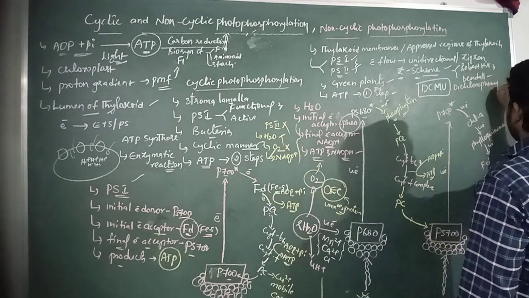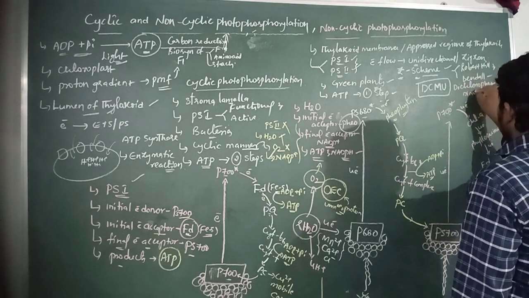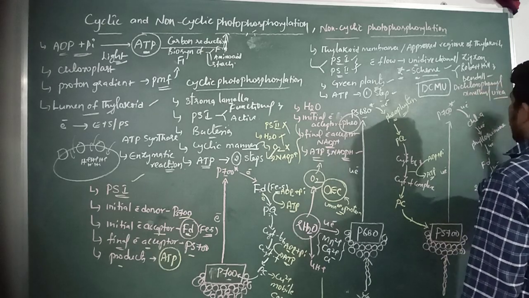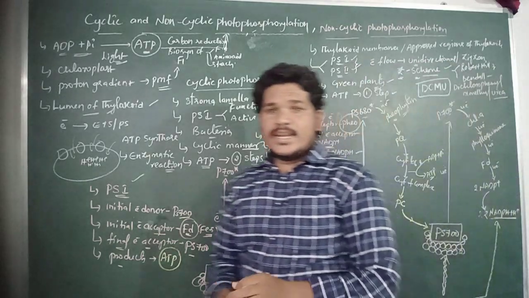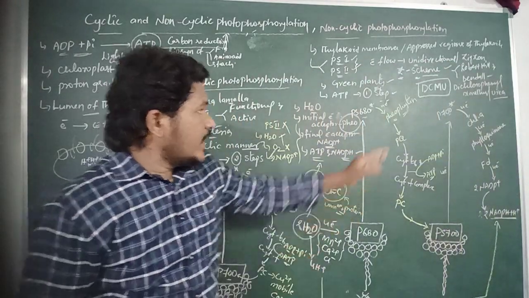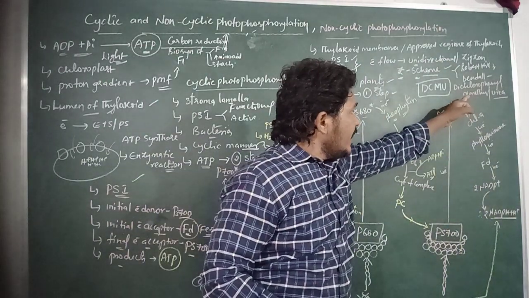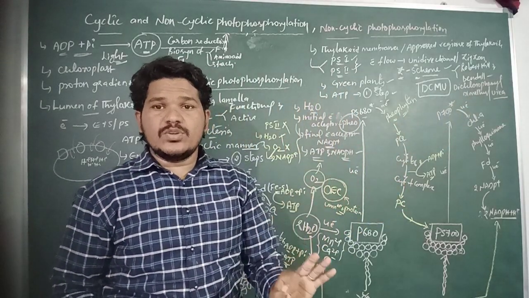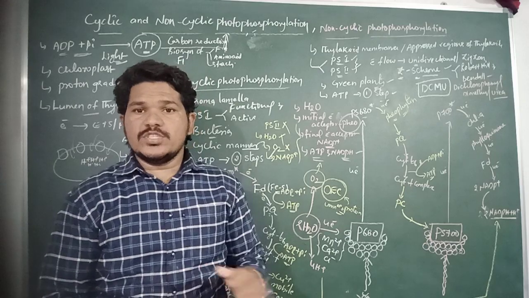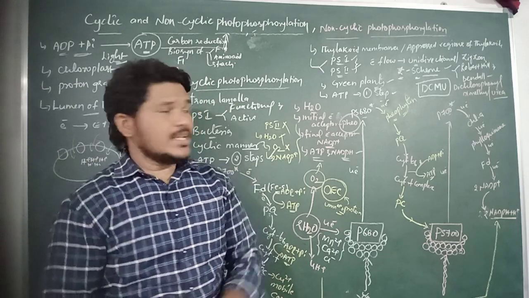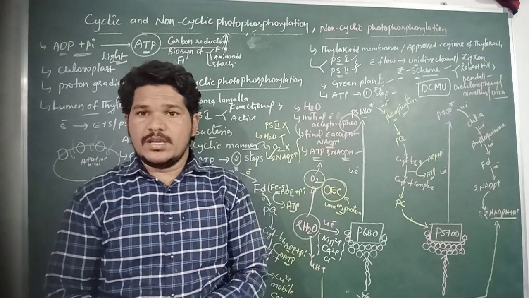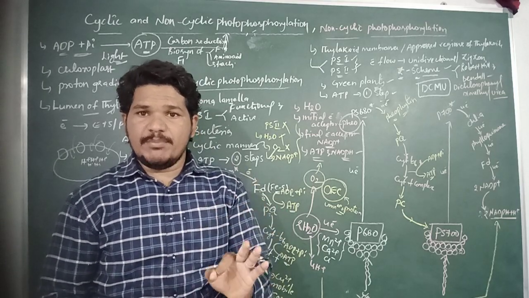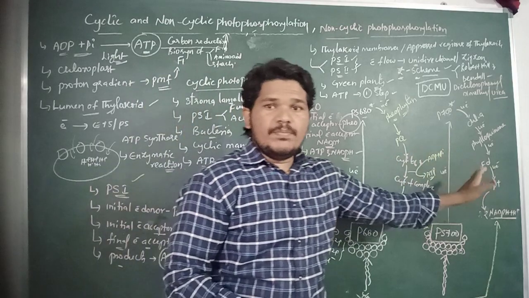Dichlorophenyl dimethyl urea is a strong inhibitor of photosystem 2 or the non-cyclic photophosphorylation, because it blocks the transfer of electrons between PS2 and PS1.